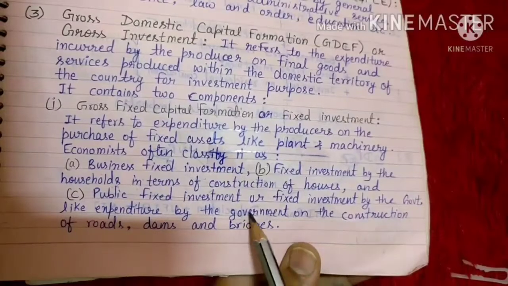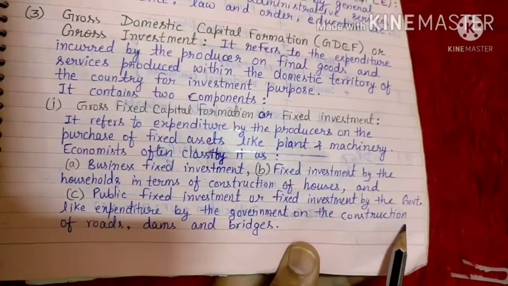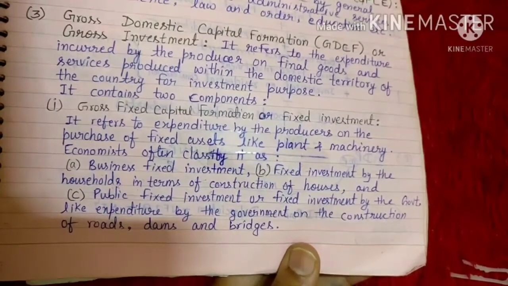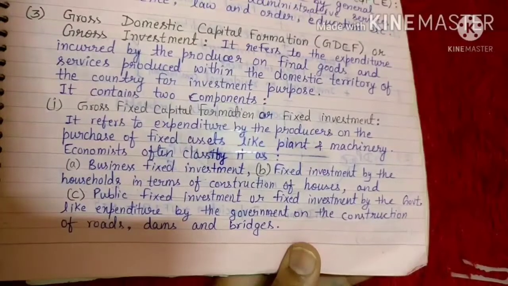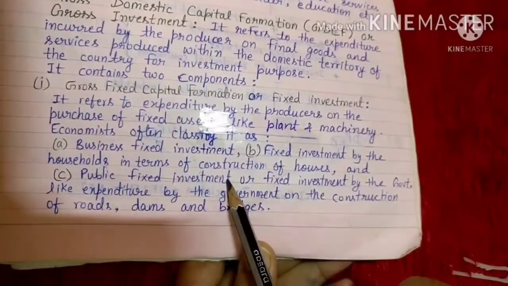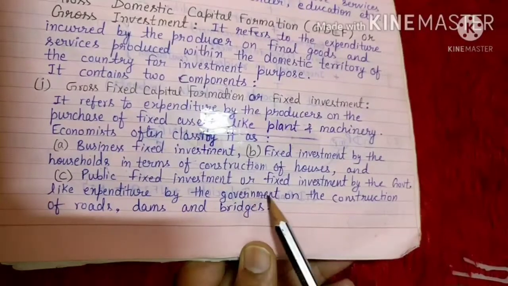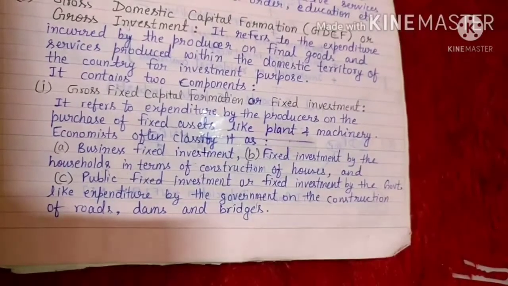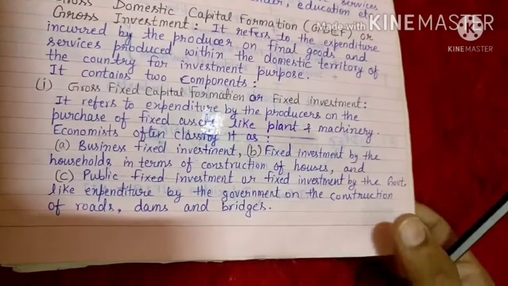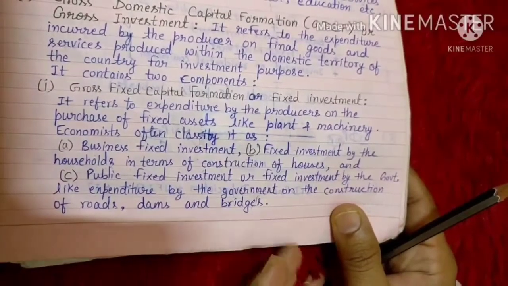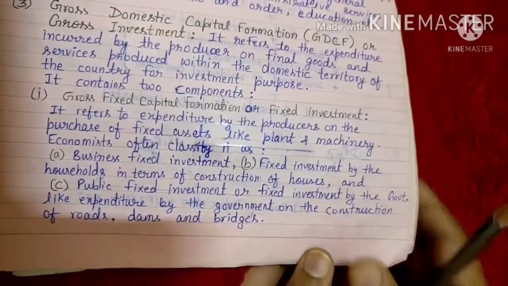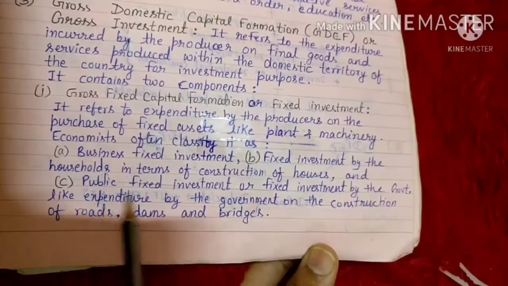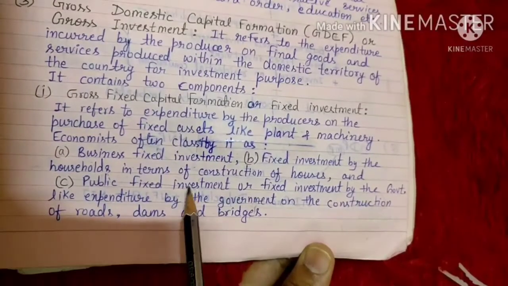Fixed investment can be done by the government also. They also purchase land for constructing government offices. Then comes public fixed investment, or fixed investment by the government, like expenditure by the government on roads, dams, and bridges. This construction by the government is called public fixed investment.